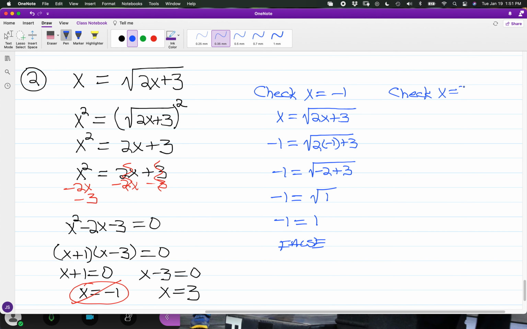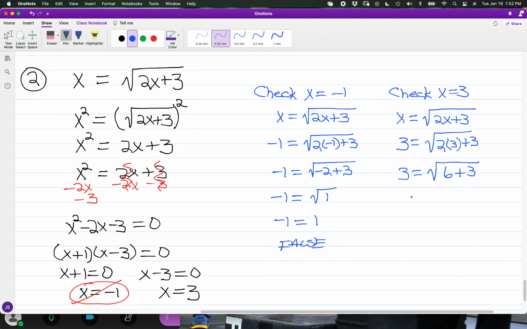And if I check x equal to 3, same equation, different value in x to test out. Okay, so x is at 3. And square root of 2x plus 3, this would be the square root of 2 times 3 plus 3. And 2 times 3 is 6 plus 3. 6 plus 3 is 9.